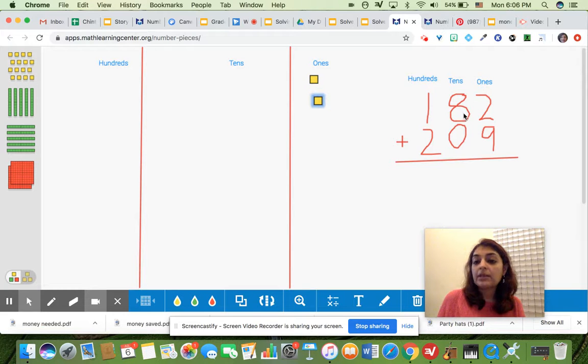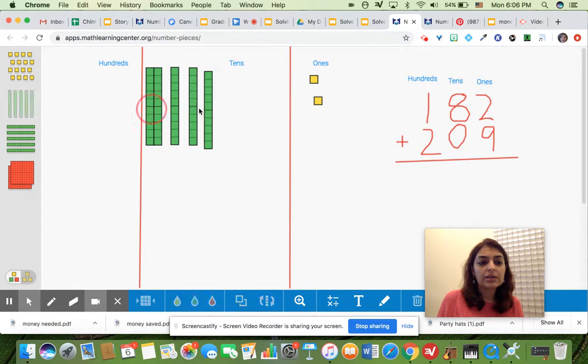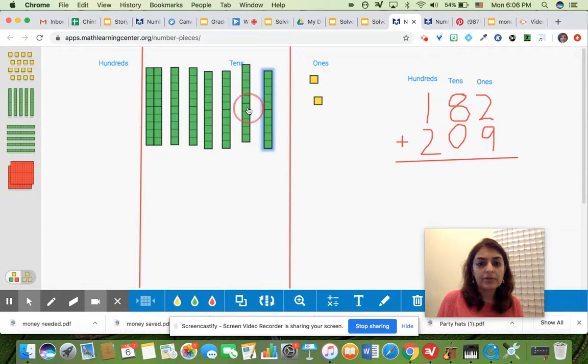Then I will need 8 tens. 1, 2, 3, 4, 5, 6, 7, 8. So these are 8 tens and 100.